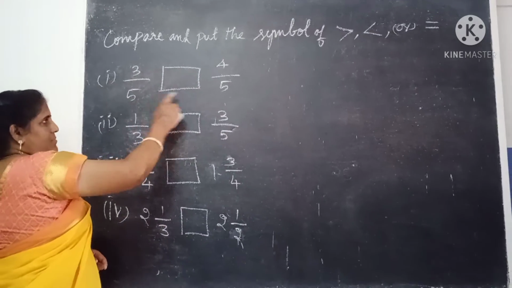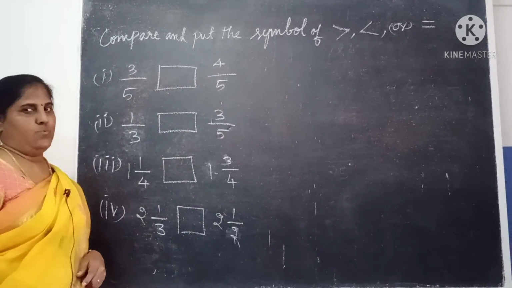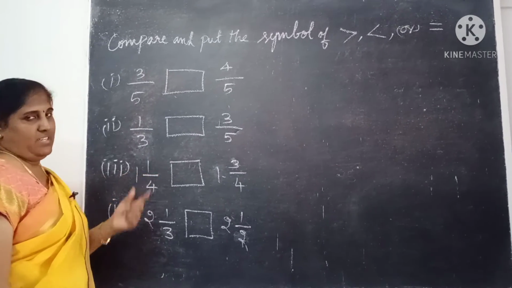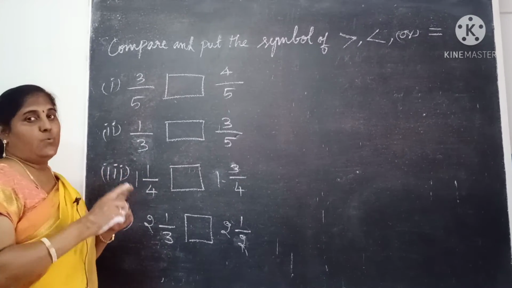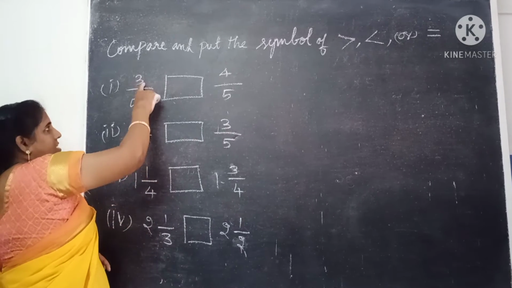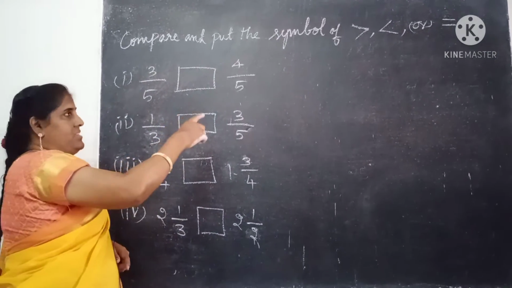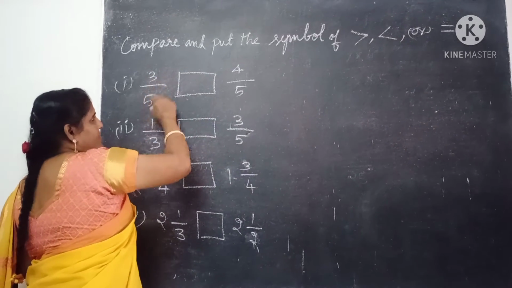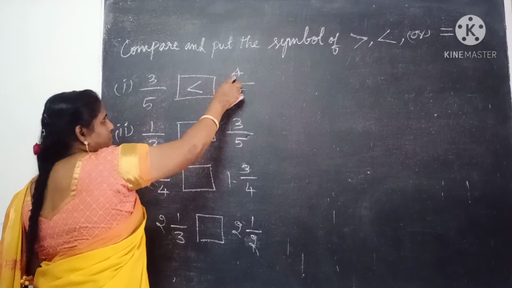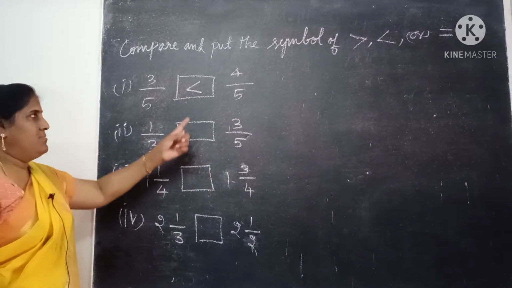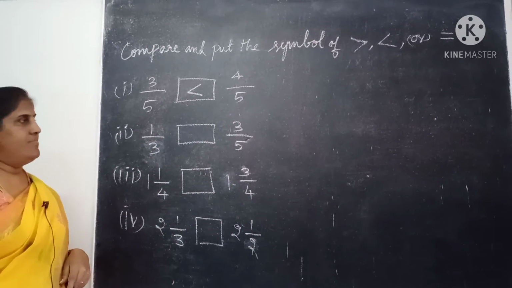The denominator is the same, so both are like fractions and we can compare them. Here it is 3, here it is 4. Which one is greater? 4 is greater. So 3 by 5 is less than 4 by 5, and you put the less than symbol.